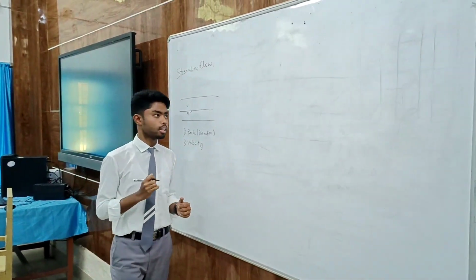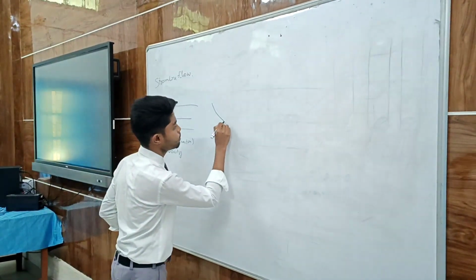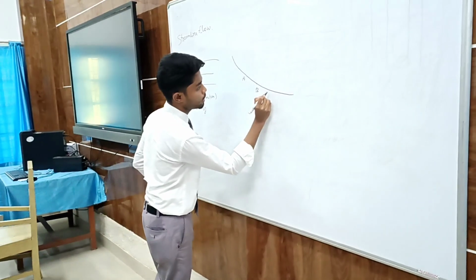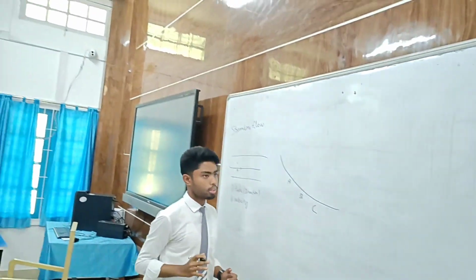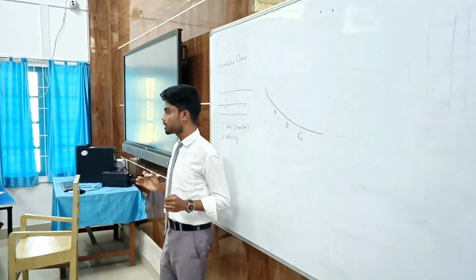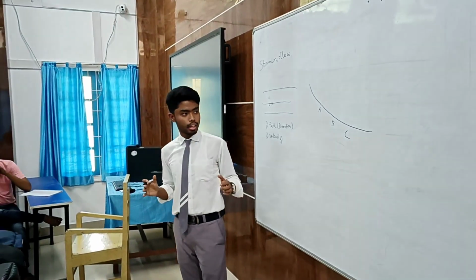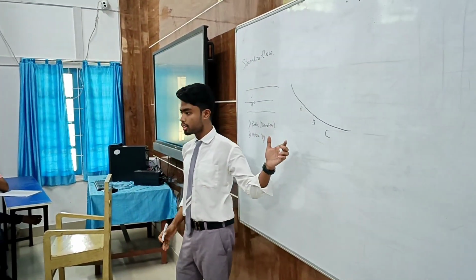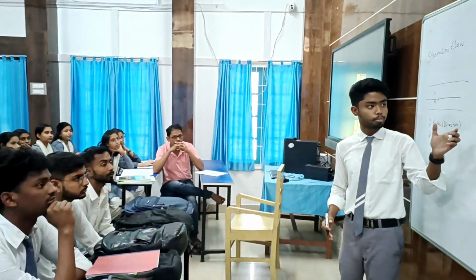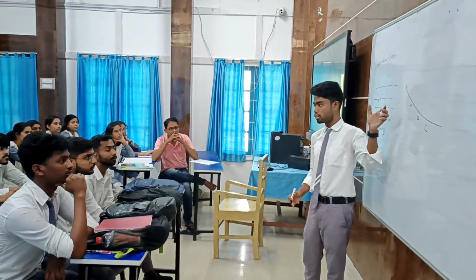Now, streamline path. Suppose this is a streamline path and these are some points, suppose A, B, C. One interesting thing about a streamline path is that if we draw a tangent at any point in a streamline path, this gives the direction of the velocity of a particle at that particular point.